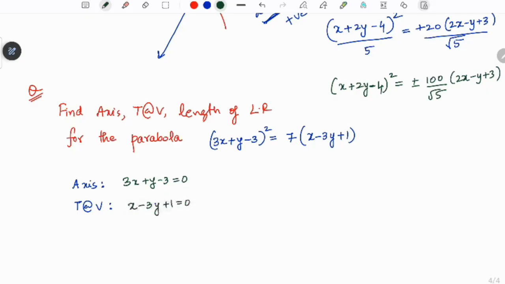That is the tangent at vertex. What is the latus rectum? Will you say it is 7? Okay. If you are saying the latus rectum as 7, that means you are understanding a little bit. If you are not saying anything, you are not understanding. All right. Are you getting the feeling that the latus rectum must be 7?